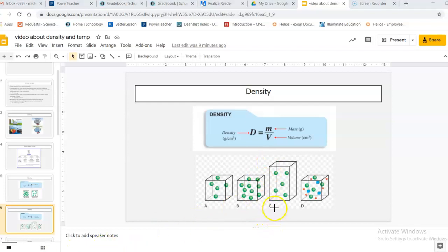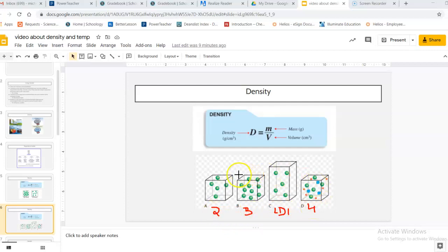So least dense, followed by A. So we say this one's 1, least dense, followed by A, followed by B. So let me put 3, followed by D. Okay, so in terms of density, this is the lowest, followed by this one, followed by this one, followed by this one.